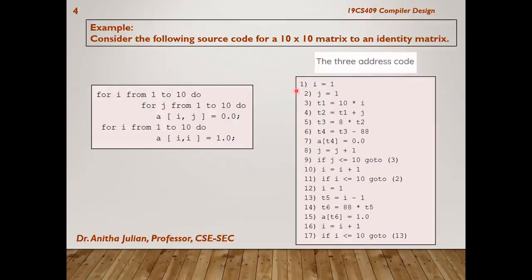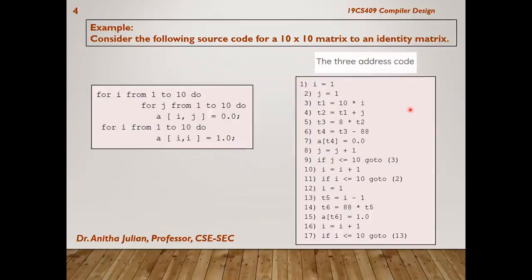So 1 will be a leader. And then the second criteria states that the target of the goto statement is a leader. So we have 3 goto statements, the target being 2, 3 and 13. So all these 3 will be leaders.